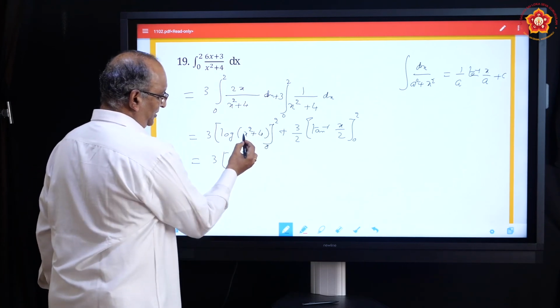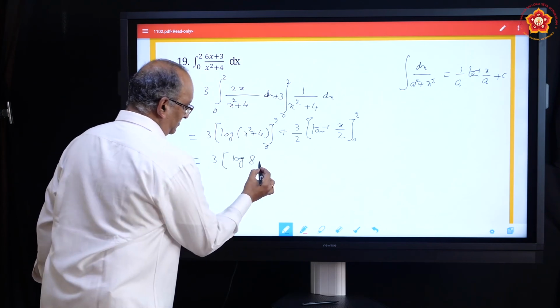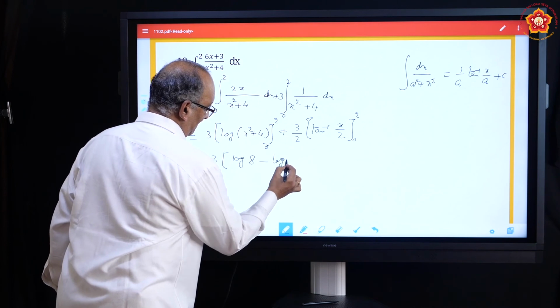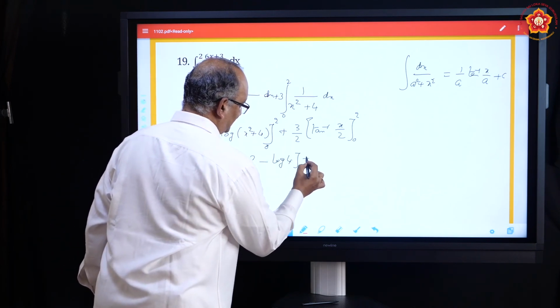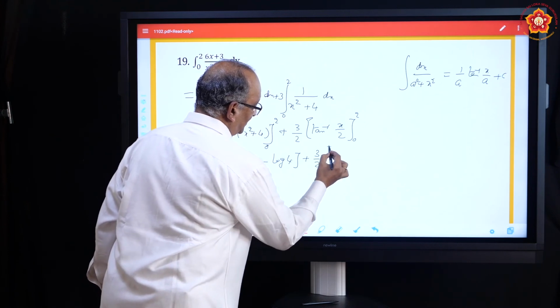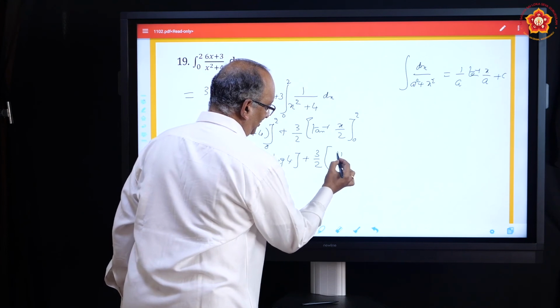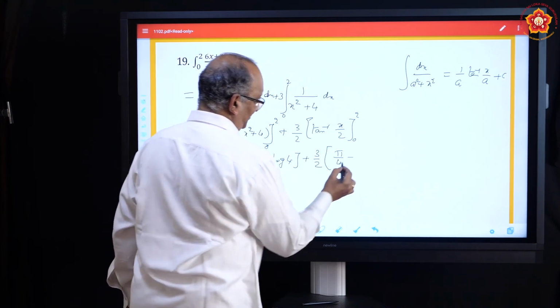When you substitute the upper limit, 2 square is 4, 4 plus 4 is 8. So it is log 8 minus, substitute the lower limit, you will get log 4, plus 3 by 2. Substitute the upper limit, 2 by 2 is 1, tan inverse 1 is pi by 4, minus tan inverse 0 is 0.